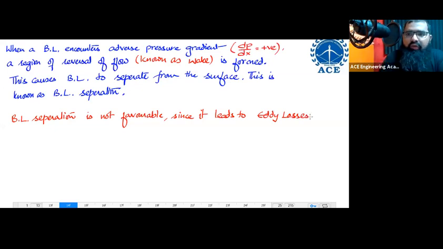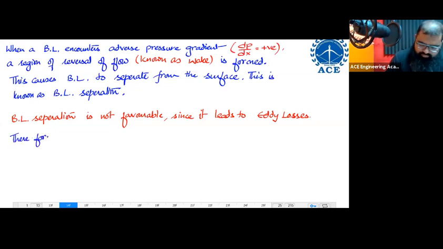So somehow you have to overcome the boundary layer separation. Generally, many books write that we avoid boundary layer separation by doing these things. Remember one thing, you cannot completely avoid boundary layer separation. It is not possible. You can reduce boundary layer separation.